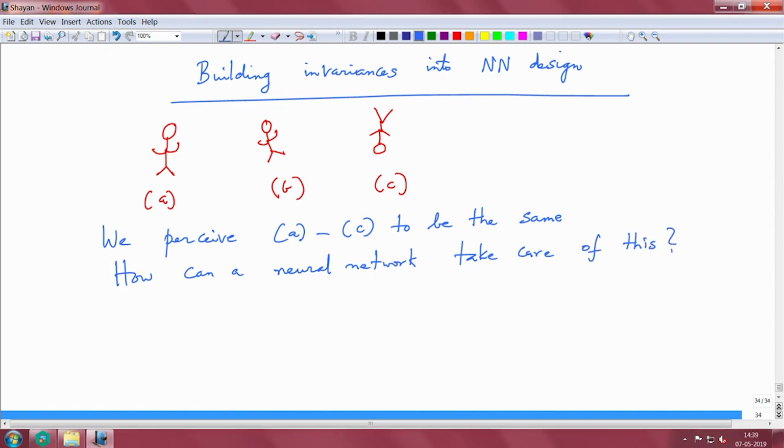Because if you recall what our objective is throughout the course, we want a machine to learn what a human brain can do. And if we want this to happen, how do we extract this information and make a machine learn this information? Through learning rules driven by an objective function.